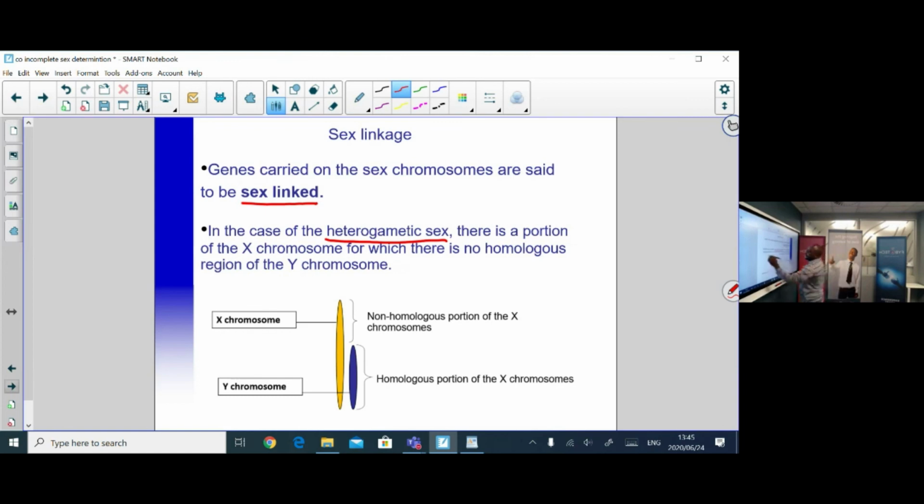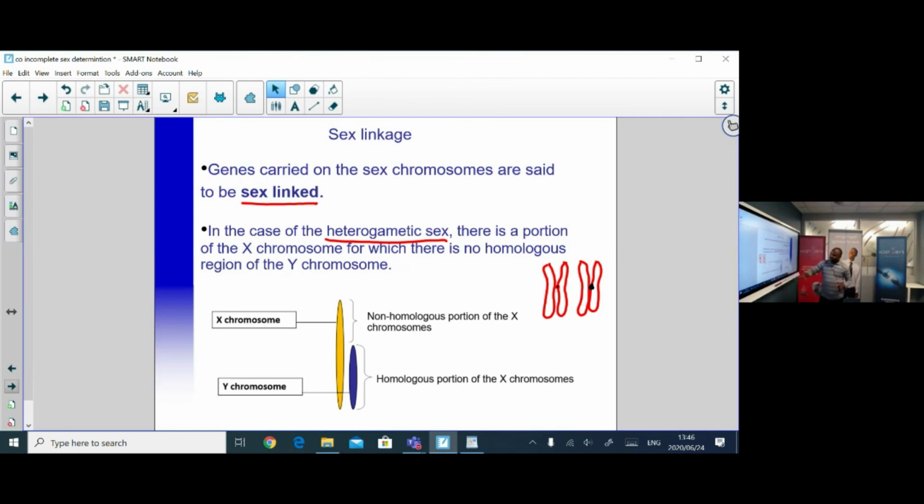So if the chromosomes are like this, joined, and the other one, joined, these two are said to be homologous.